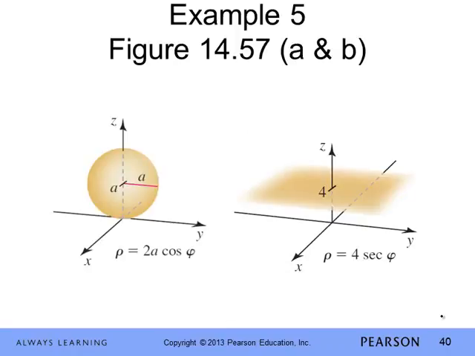Okay, here are some popular surfaces in spherical coordinates. If you want to place a ball of some sort above the plane, a units up and radius a, then you could write that with this equation here: rho is equal to 2a cosine phi.